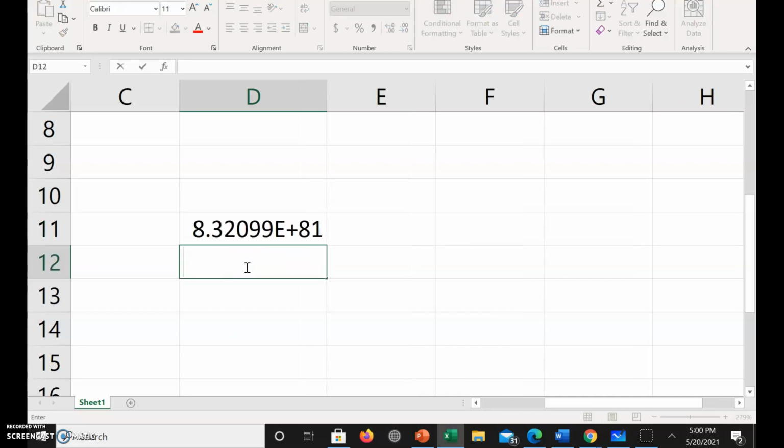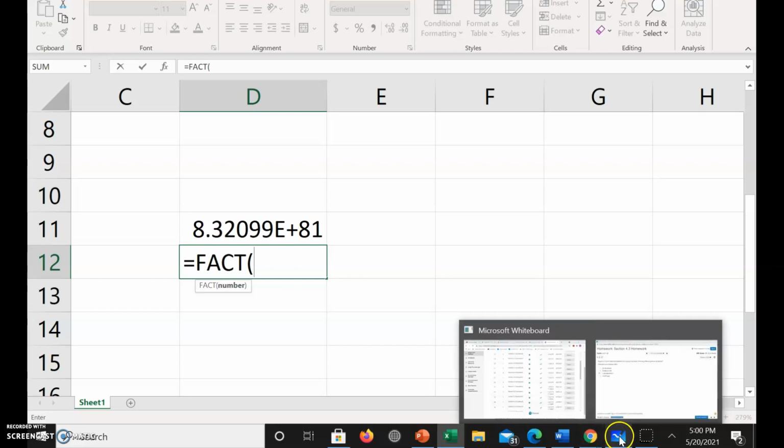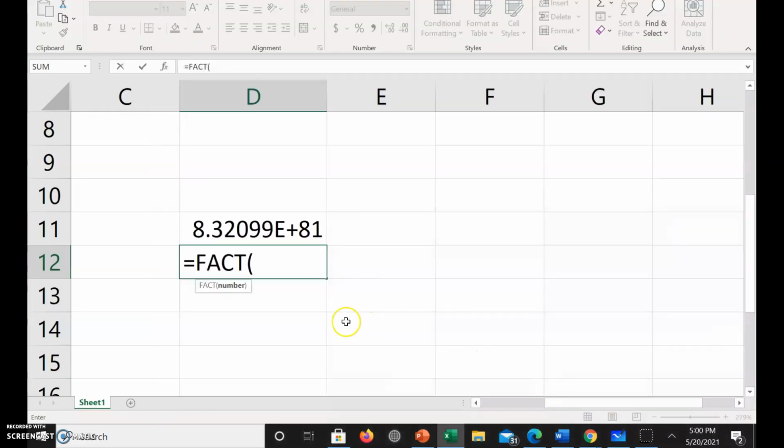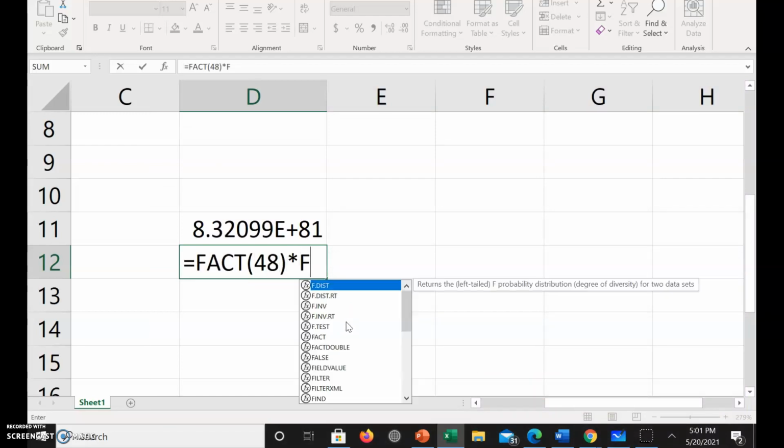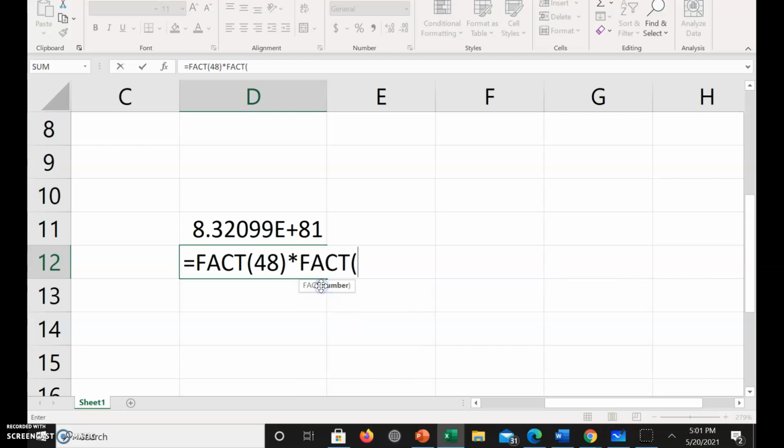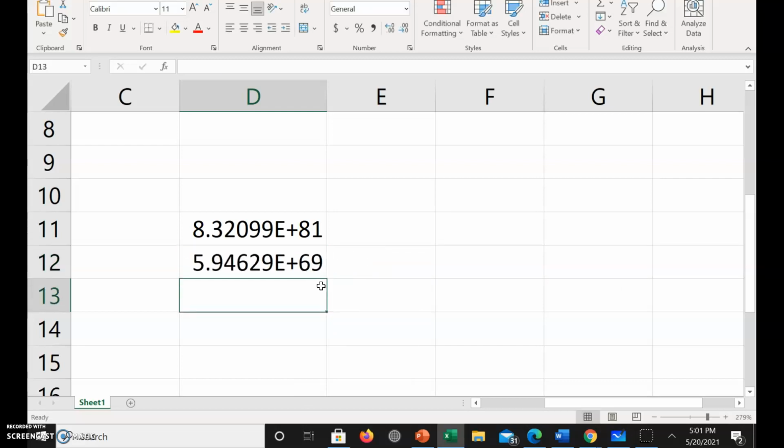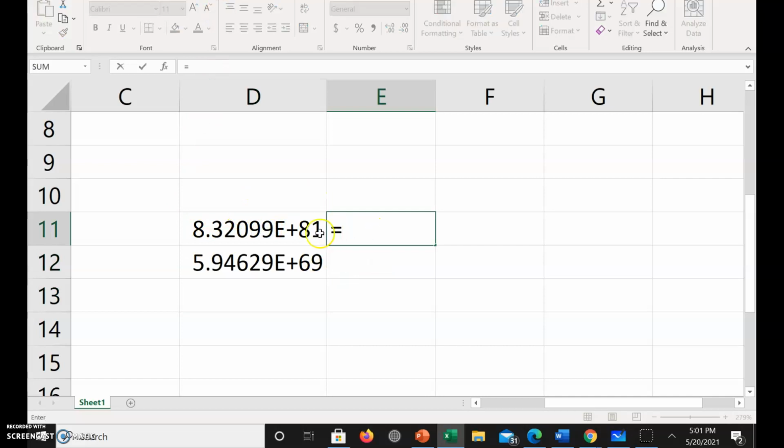Okay, and then the bottom, let's just do equals factorial 48 on the bottom, times factorial 12. Okay, so this is the denominator. So now we're going to divide the numerator by the denominator.